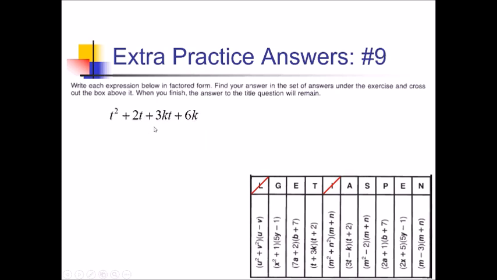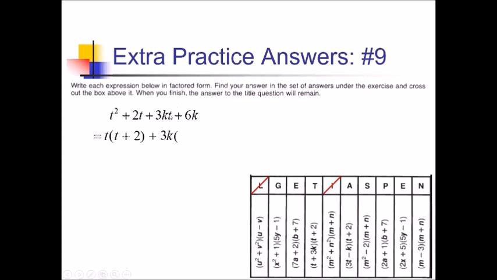All right, let's look at the next 2 terms on this one. We have a t squared and a 2t, so definitely I can take a t out of those. Leaves me with a t plus 2. And then for the next 2 terms, 3kt and 6k, well, for the numbers, I can take out a 3. And it looks like they both have a k to give as well, so a 3 and a k.